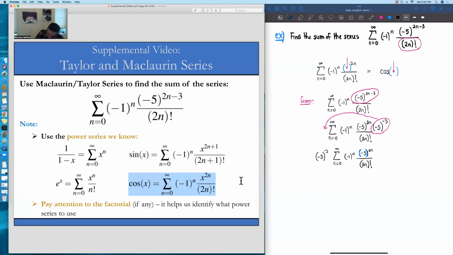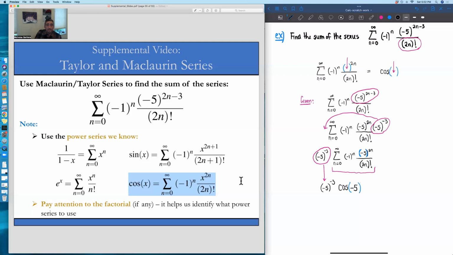So we can rewrite this series as cosine of minus 5. However, we still have that additional term in front of the series, which we multiply onto the cosine of minus 5. So we get (-5)^(-3) times cosine of minus 5.